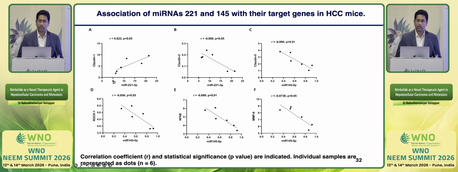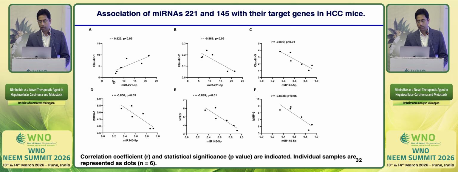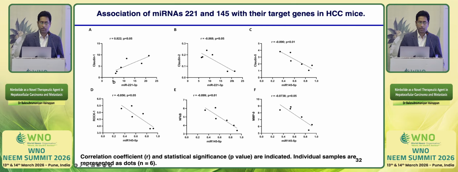Also we looked at several different genes, claudin, ROCK1, NF-kappa B, BCL2, etc., and also looked at the correlation of those genes with microRNAs, and we found microRNA 21 has a positive correlation with claudin 2 and claudin 5.